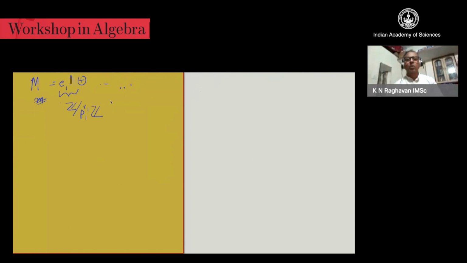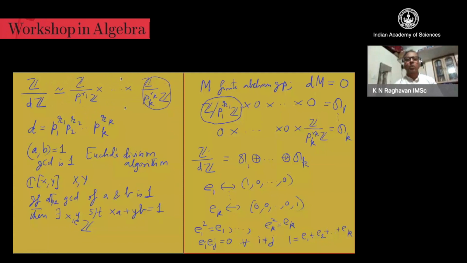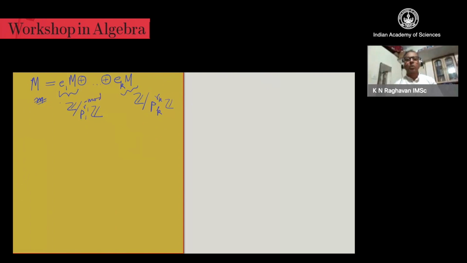So all these will act as 0. So I can go modulo that, because those belong in the annihilator, and so I get a module over this.